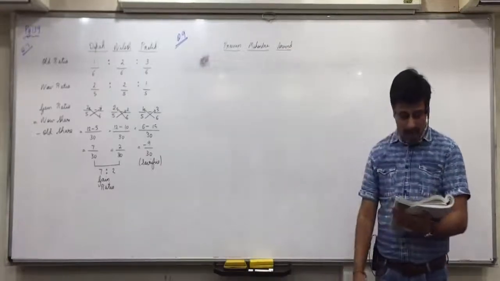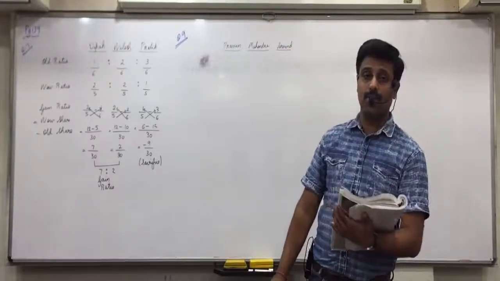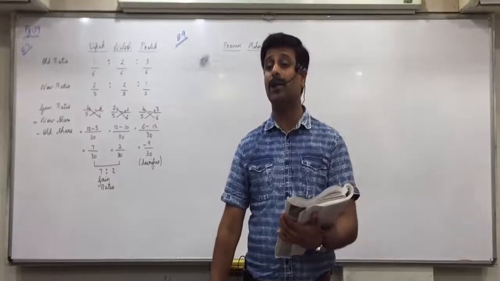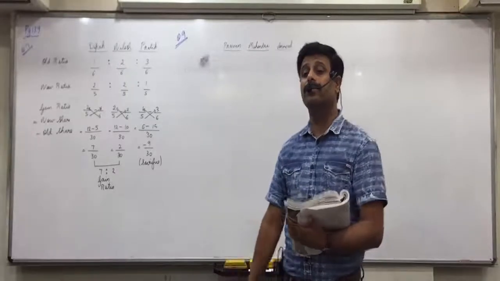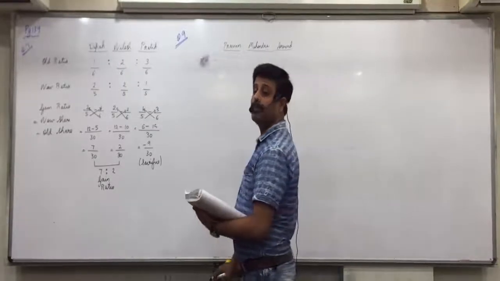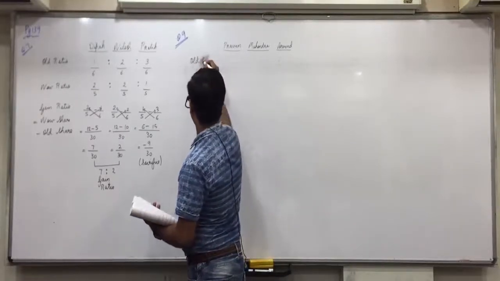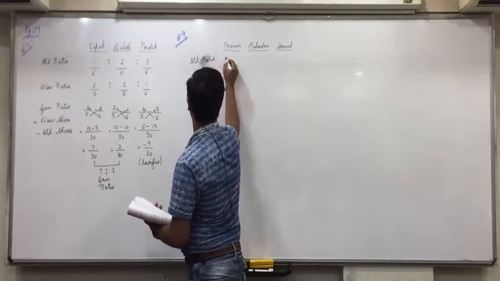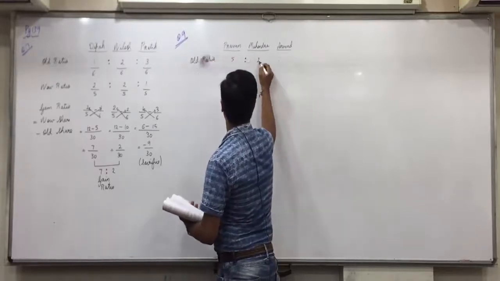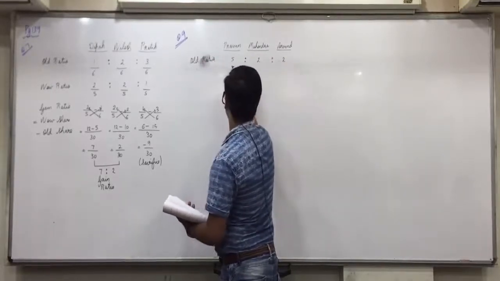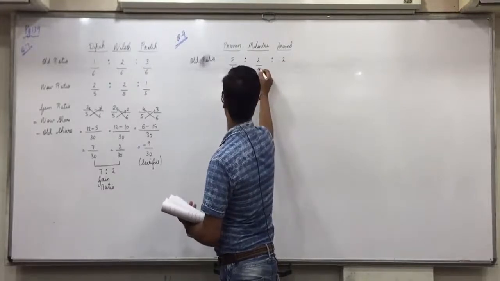Now their profit and loss sharing ratio is 5:2:2. It is the old ratio. Yes, old ratio. And 5:2:2 means 5 by 9, 2 by 9 and 2 by 9. Yes, 5 plus 2, 7 plus 2, 9. So 5 by 9, 2 by 9, 2 by 9.